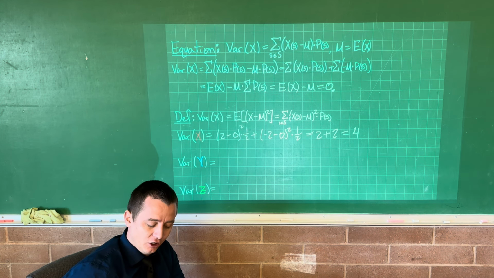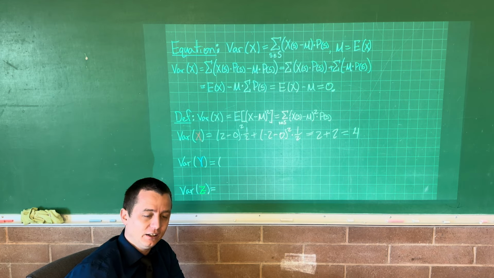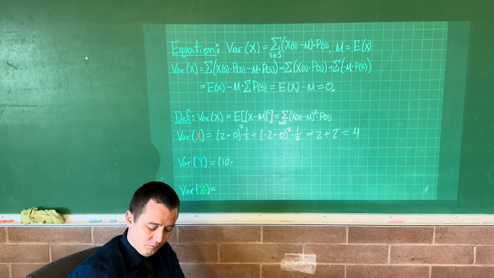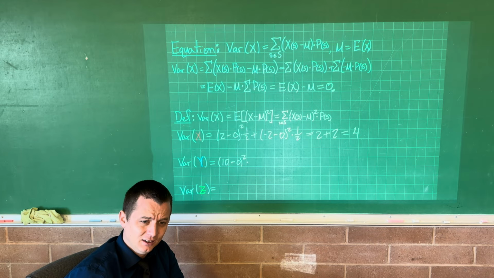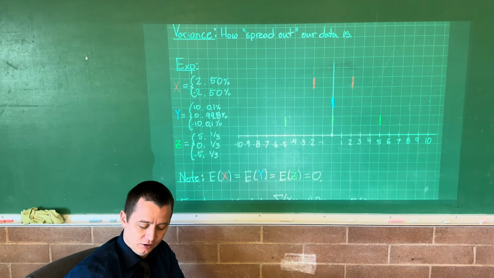Okay. Now what is the variance of y? Well, let's see. Y could spit out 10, right? Yeah, 10 minus 0, so 10 minus 0 squared times, how often did it spit out 10? 1 in 1,000. Yes, 0.01%, that's what we had written up there.